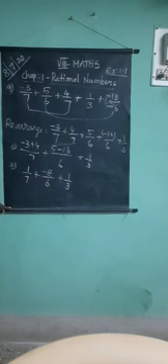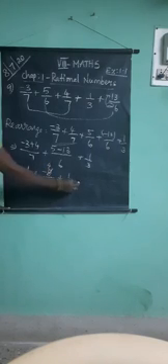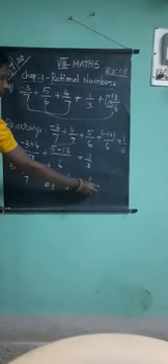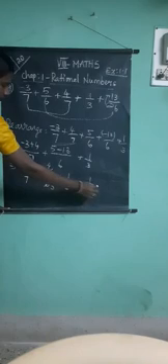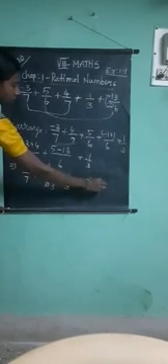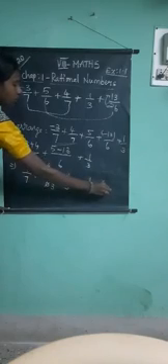Alright, clear? Now see, these two different denominators, bring them to the same table. 4 2s are 8, 3 2s are 6. So how to change this one? 1 by 7 minus 4 by 3 plus 1 by 3.